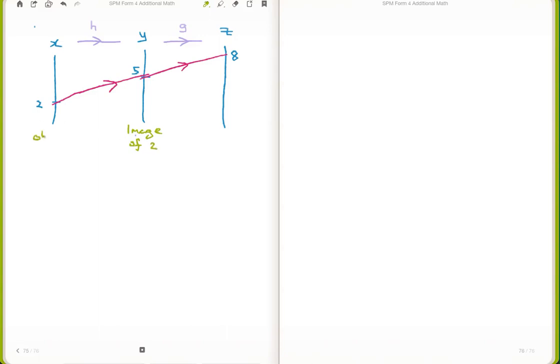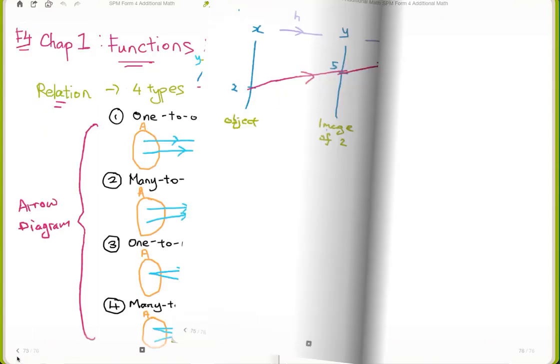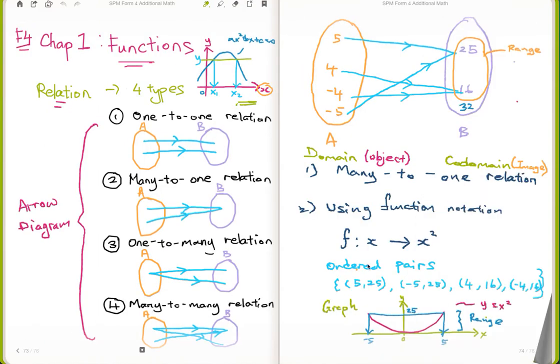This is the object. If you look at these two, here x is mapped to y, this is an image. Image is the y value, x is the object. Refer to the previous. Image is the y over here. Object, image and object, right?